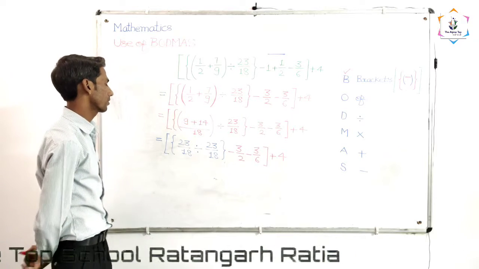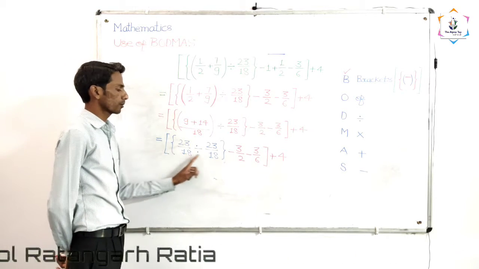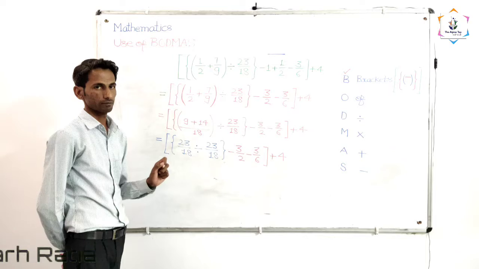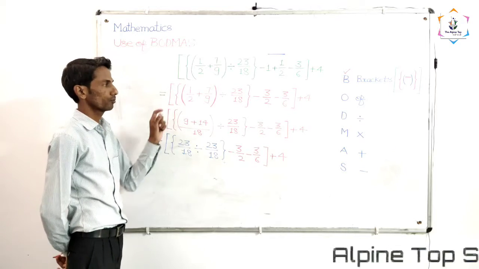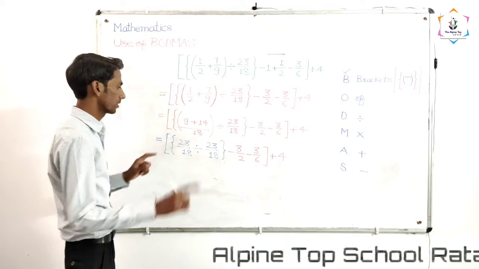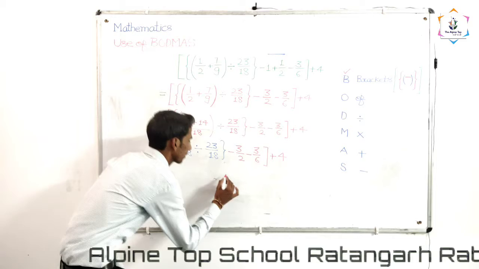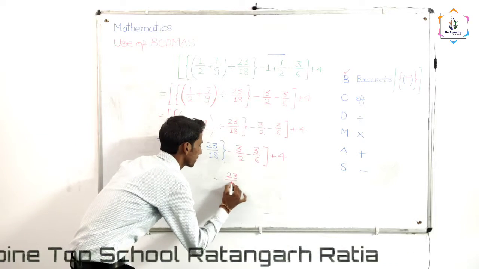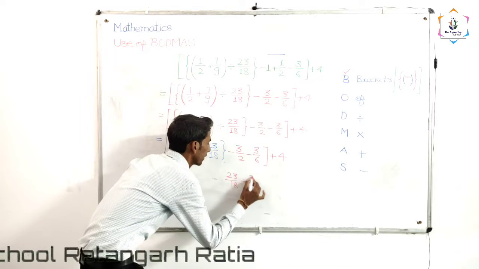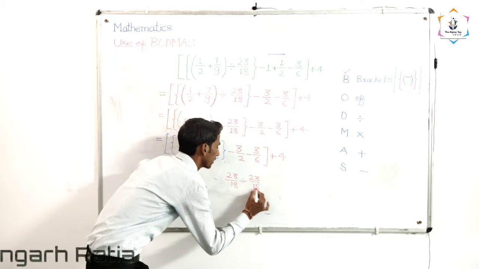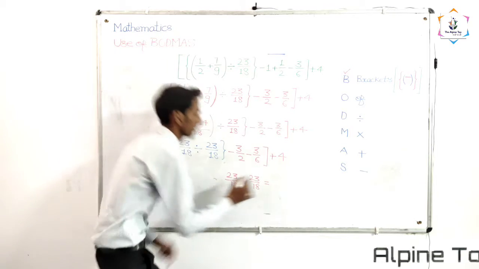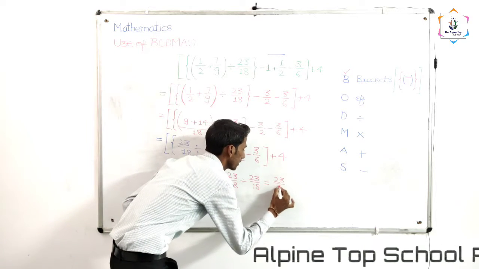Now dear students, we know when we divide any number by itself, the answer is always 1. If you want, you may do this in the rough work also. See carefully, I am going to do 23 by 18 divided by 23 by 18. How can we solve?